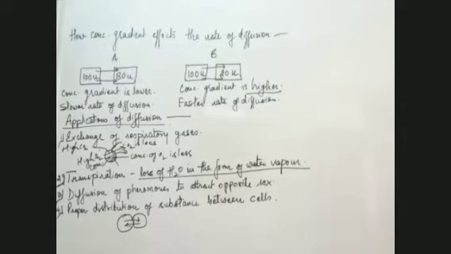If one cell has less of that substance and another cell has more, from the cell where it is more, it will diffuse into the cell where it is less. So this is the next application of diffusion.